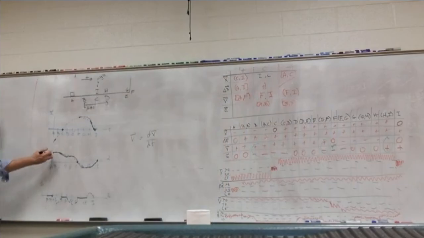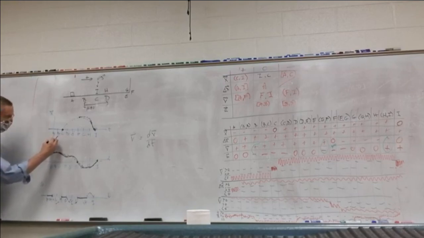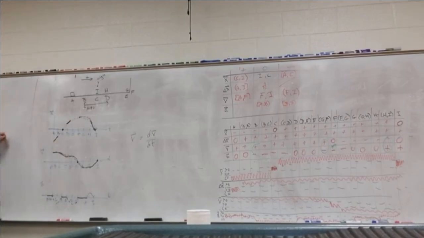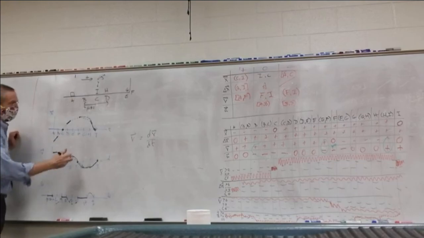Since my velocity is constant along this region right here, that means my slope is constant here. So from A to B, this should be a straight line. From D to E, it should be a straight line. From G to H, it should be a straight line.